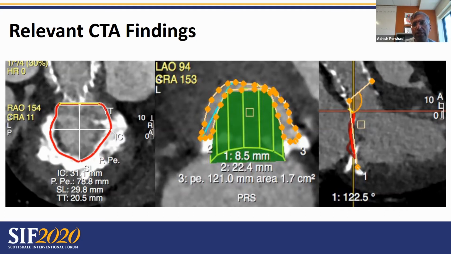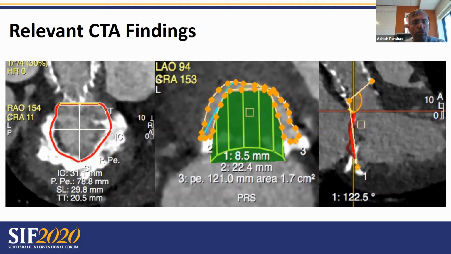Her neo-LVOT skirt was 1.7 centimeters squared, which is right at the borderline for something that we would consider prohibitive to do without some sort of LVOT preparation. And her aortomitral angle was 122.5 degrees, which is considered favorable.